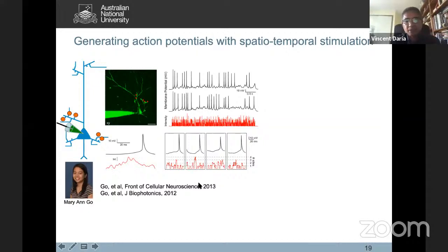So this has been published over 7 years ago. So this is the measured intensity when all of the 5 spots are on, then it can produce an action potential.